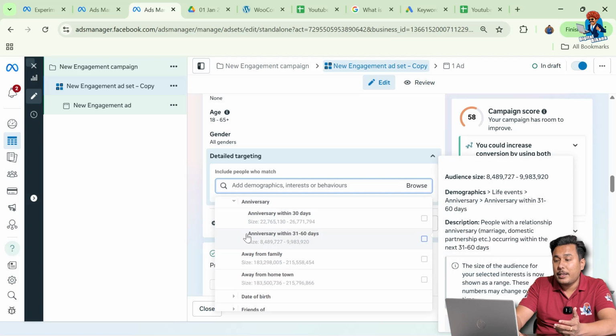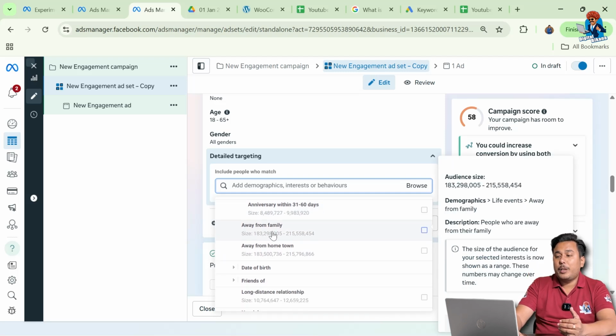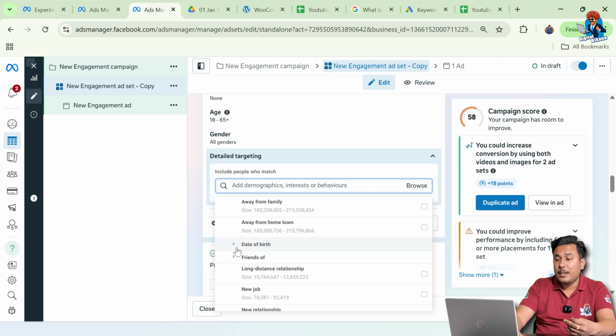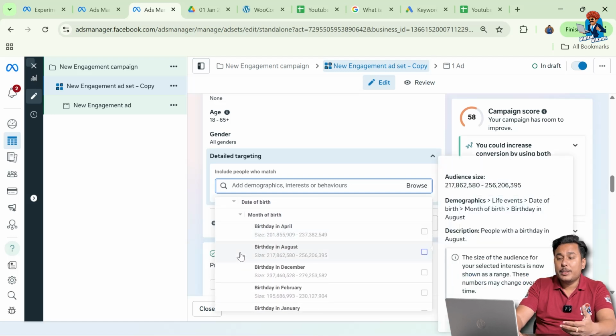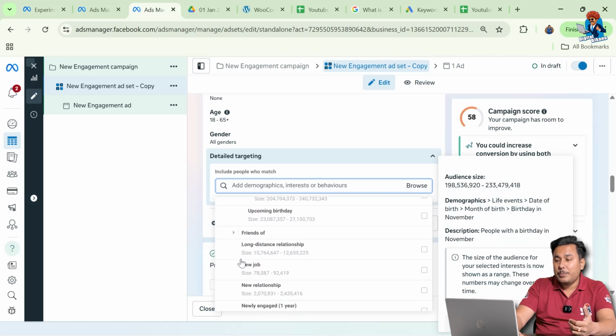If you're running a cake shop or gift shop or jewelry shop, you can target people on the basis of that. If people are living away from family and you're running a tiffin service center, you can target these kind of people. You can target people on the basis of their month of birth. If you're running a cake shop or restaurant, you can target these people.